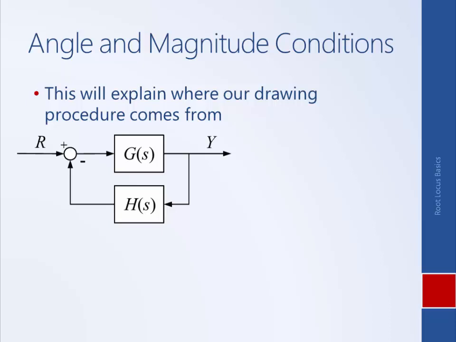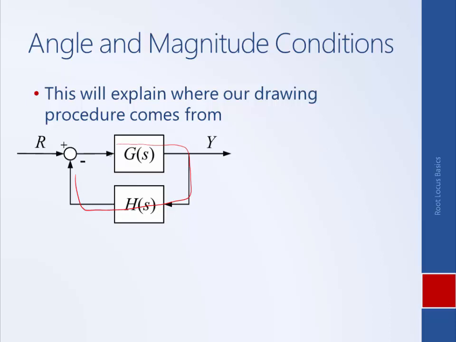So for this system, go ahead and take a second and see if you can remember what we mean by open loop transfer function. Recall that the open loop transfer function is, in essence, the loop. It's as if we took our negative feedback system, broke the feedback signal, and straightened it all out.